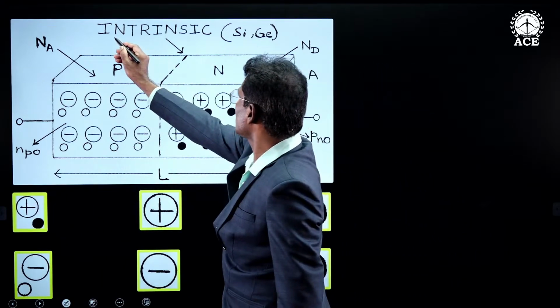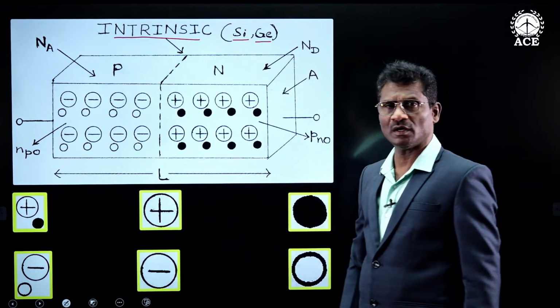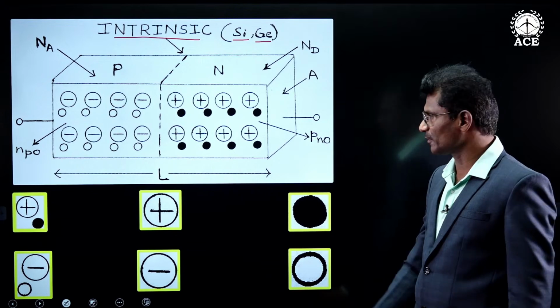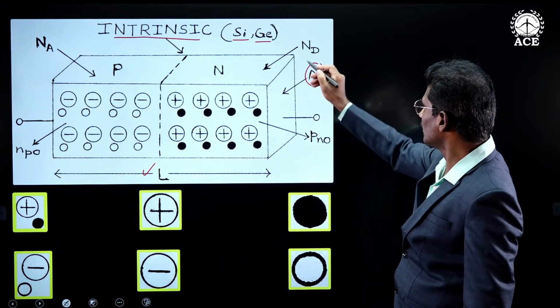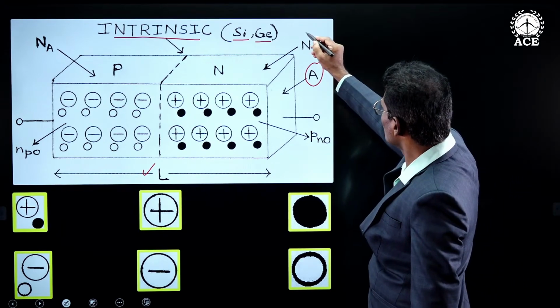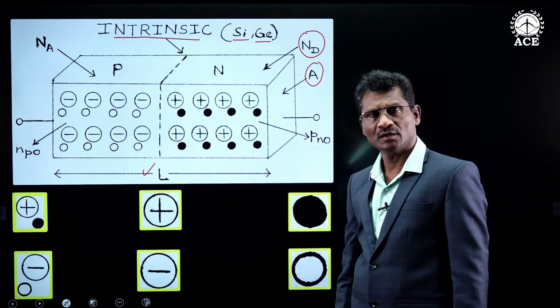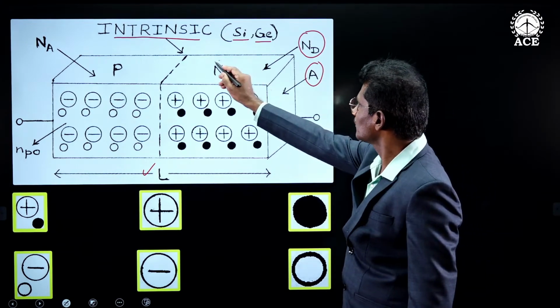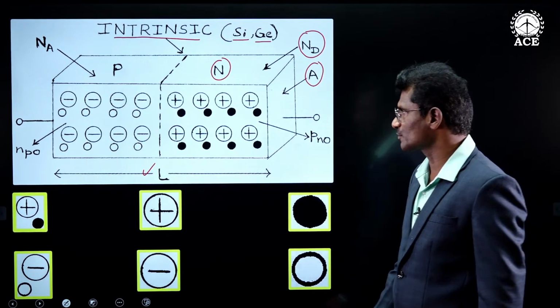An intrinsic semiconductor bar made up of silicon or germanium is considered having a length L and cross-sectional area A. Into it, at one side, donor impurities are added, making it N-type. Donor means pentavalent atoms.